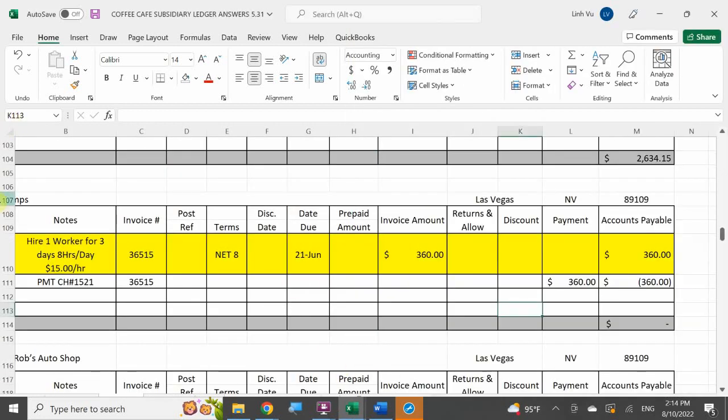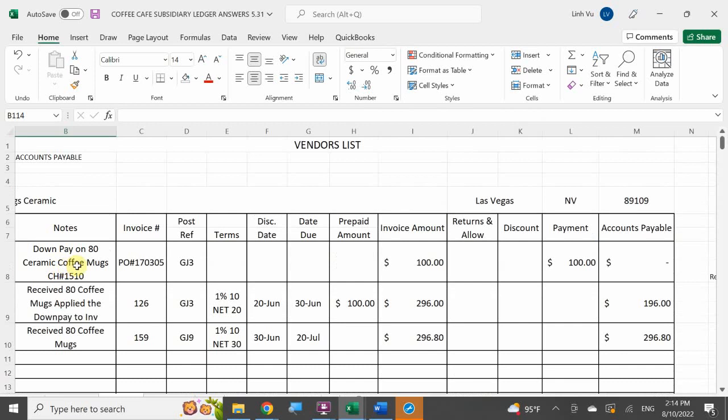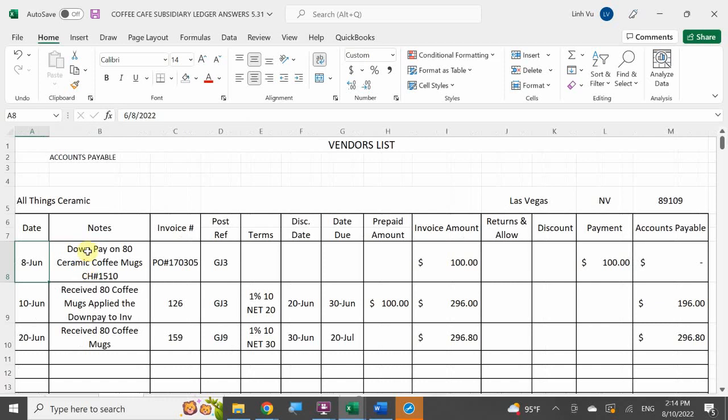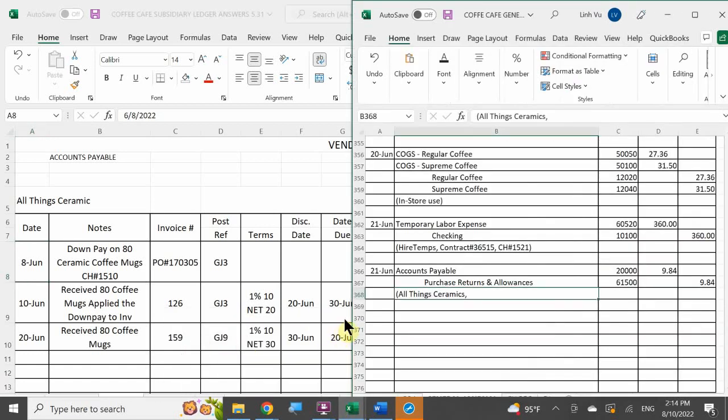So let's take a look at my subsidiary ledger, since we're looking at the previous batch that we just received recently on the 20th. Invoice 159. And what's the rule of thumb if you're going to be receiving a vendor credit?